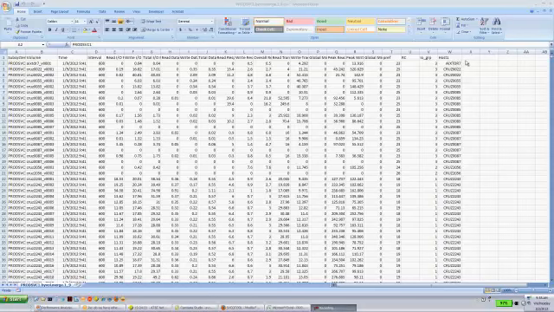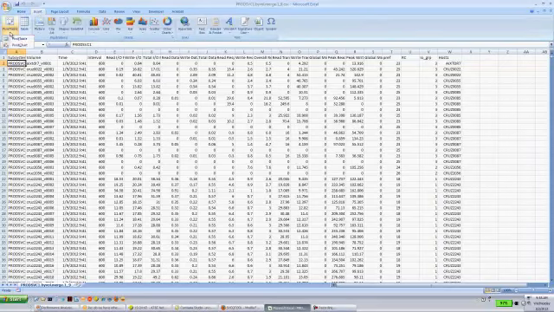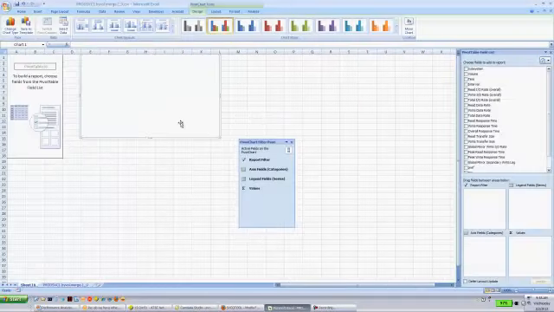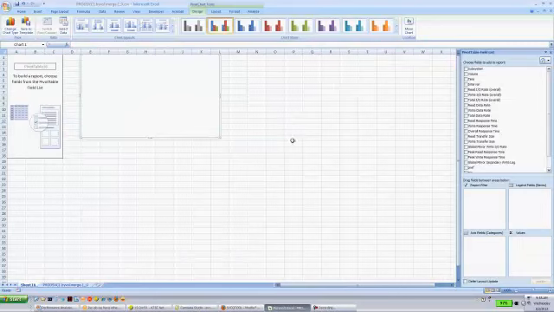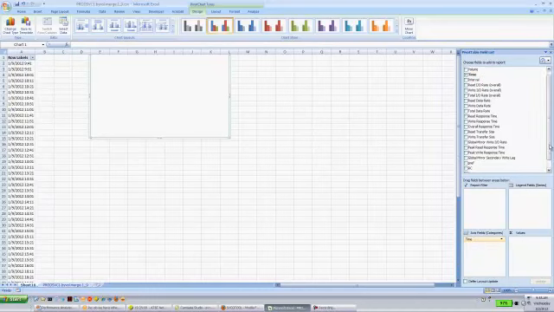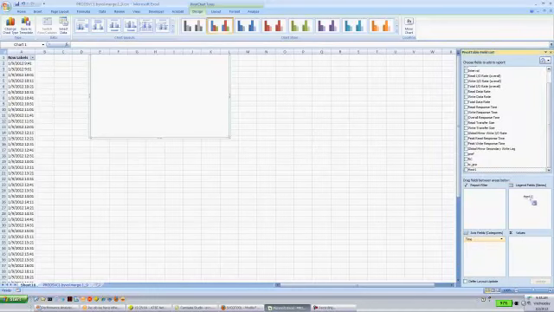Now I'll show you how to use a pivot chart to create a by host view. I'll add time to the x-axis and our new host field to the series.